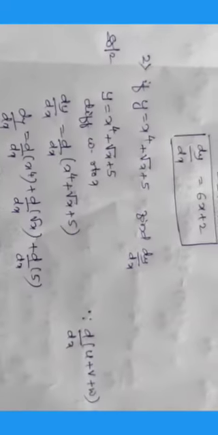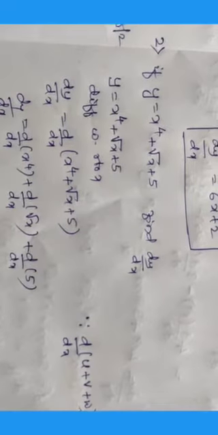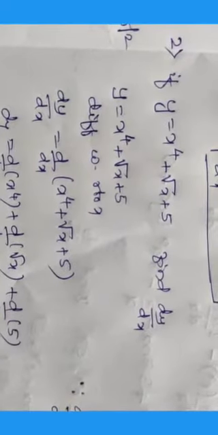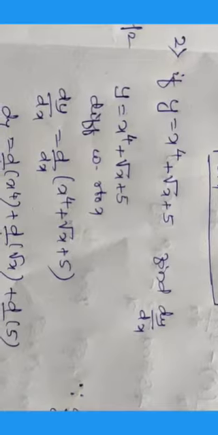And second one, if y equals x to the power 4 plus root x plus 5, find dy by dx. It is in the form of d by dx of u plus v plus w, that is du by dx plus dv by dx plus dw by dx. Using this formula, we can solve this one. y equals x to the power 4 plus root x plus 5.